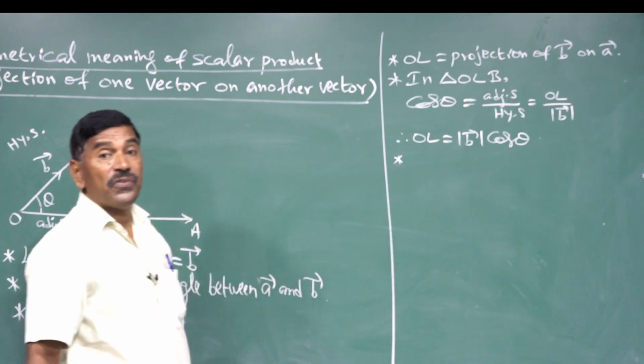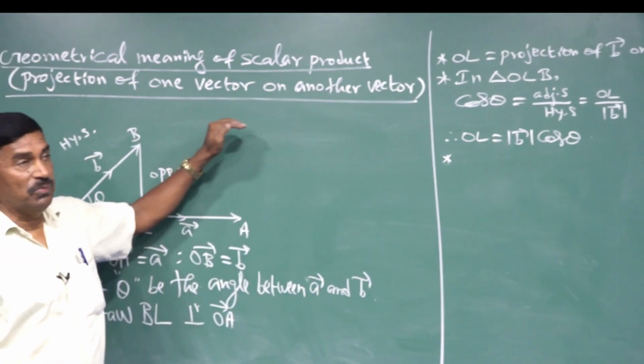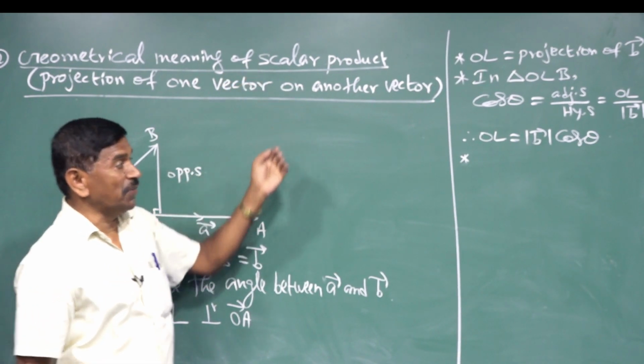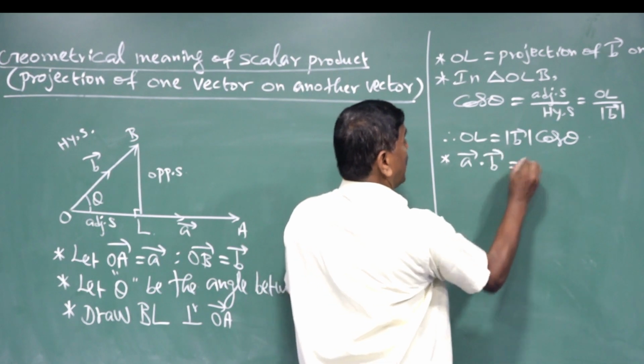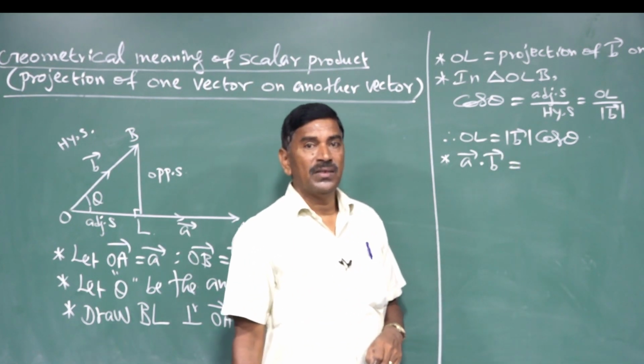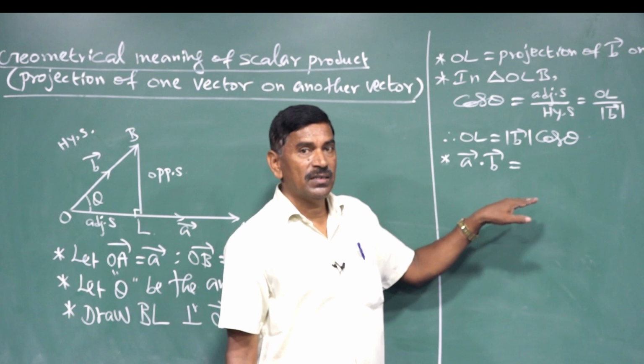Now by the definition of dot product. Definition of dot product is given by A vector dot B vector equal to, now say yourself, what is the definition of dot product? Good.